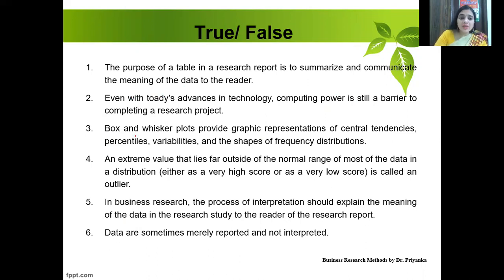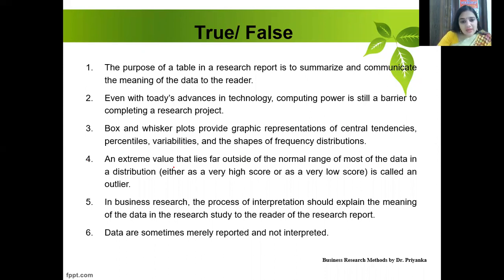Third: box and whisker plots provide graphic representations of central tendencies, percentiles, variabilities, and the shape of frequency distributions. Is it? We have just discussed it, and yes, it provides you the graphic representation of central tendencies. We discussed it with the help of the median, right? So it is true.